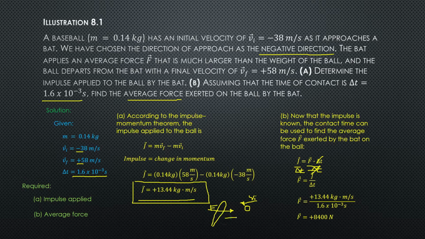Also, after the ball gets hit, the ball now has a final velocity positive, to the right direction. Therefore the force is in a similar direction to the final velocity, which gives you a positive value.